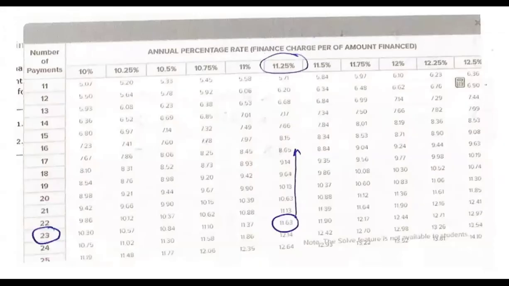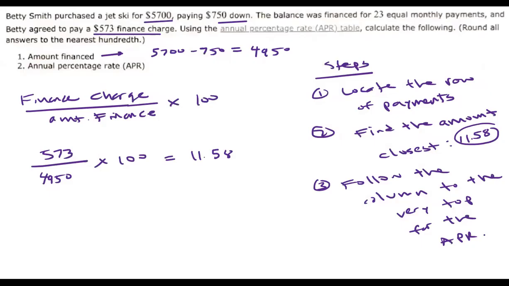I know that's not the best scan, but this is what I have. But let's go back to the problem. It tells us we need 23 equal monthly payments. So that's our first number, we locate the row of payments, that's 23. And then we go find the number that's closest to 11.58. If they have 11.58, great. But if they don't, then we have to find the closest number.